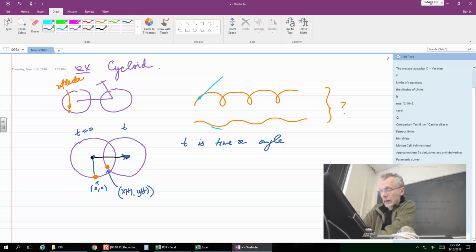Okay, so I forgot the radius r. Radius r of the wheel. So the one thing that we're going to need is to compare the two things. The distance that we have covered on one hand, which is this, and on the other hand this.